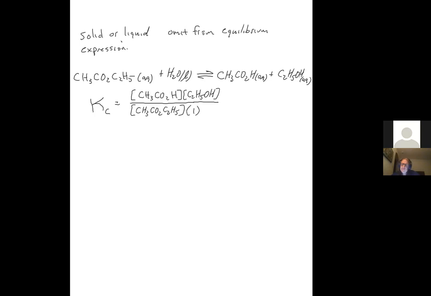Now typically if you have something else in the divisor, you can just take the 1 out. You don't need to have the 1 in there. Technically, it's not incorrect, but there's no need to have it in there, okay? So this would be our concentration equilibrium expression for that particular reaction, okay?